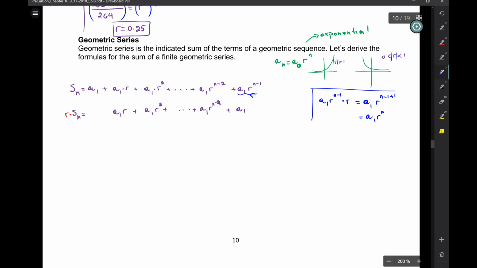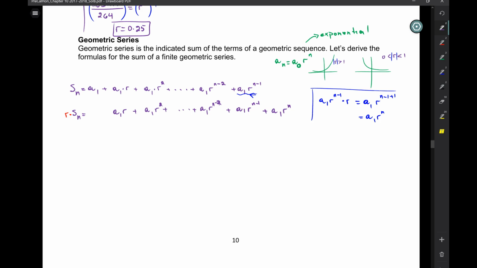Multiplying the previous terms gives a r to the n minus 1, then a r to the n minus 2. So I'm going to have one more term here.